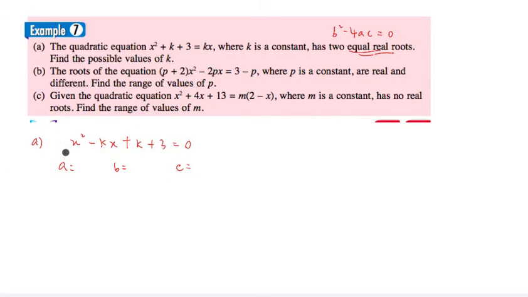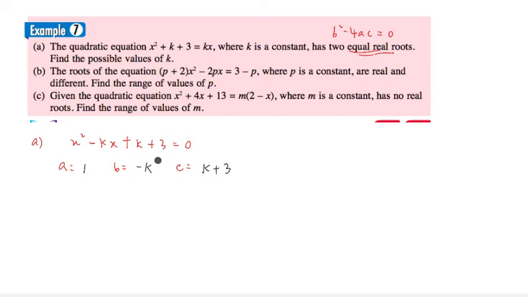A is always in front of x squared, so 1. B is always the coefficient of x, so here negative k. C has no x, it's the constant only. Although k is a variable, it is not x, so it is still c. So c is k plus 3.